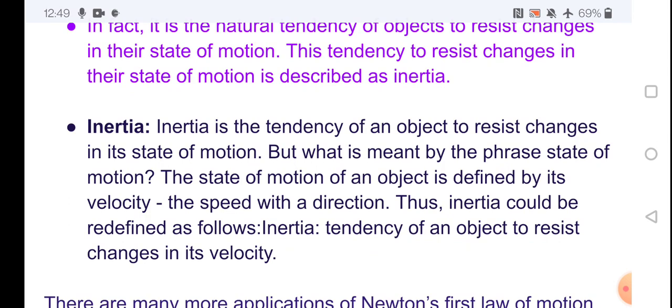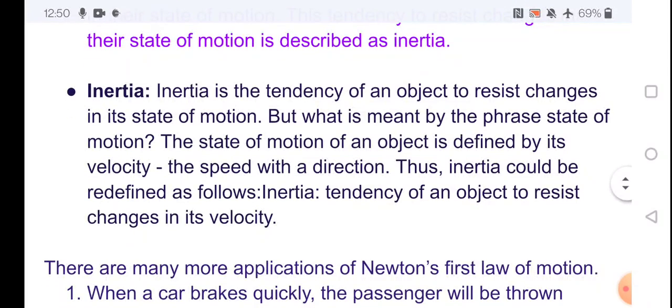In physics, we state it as: inertia is a tendency of an object to resist changes in its state of motion. But what is meant by the state of motion? The state of motion of an object is defined by its velocity, the speed with a direction.